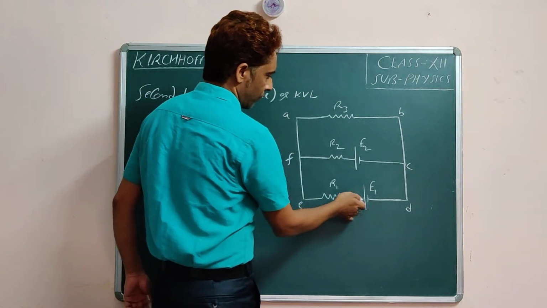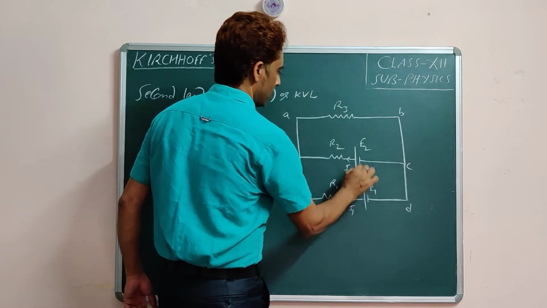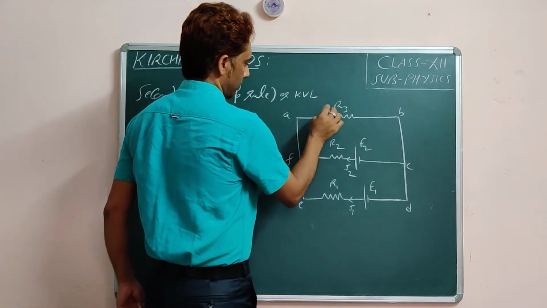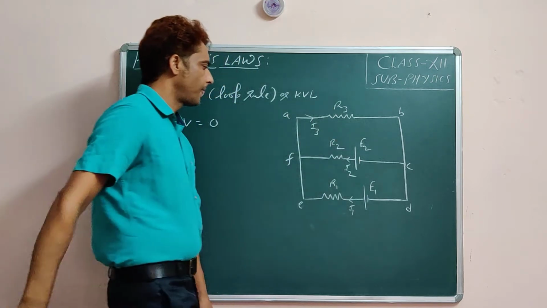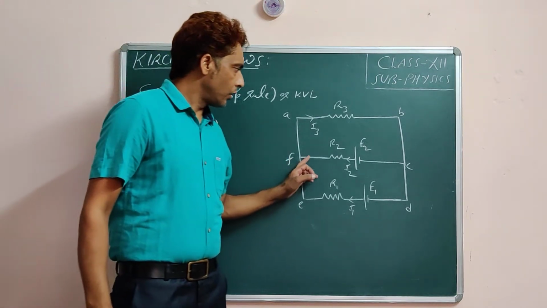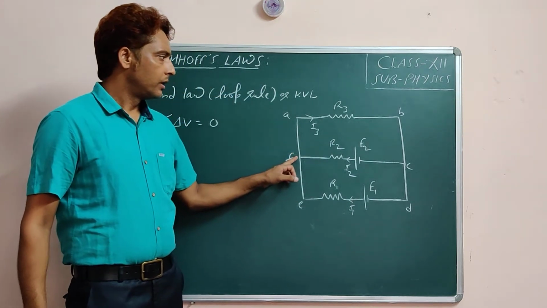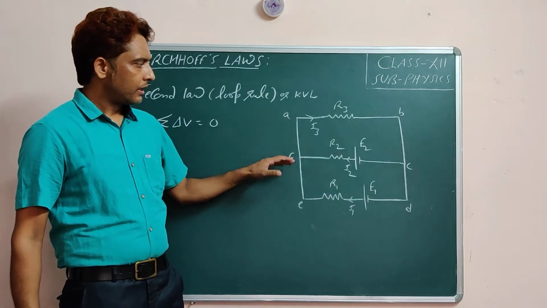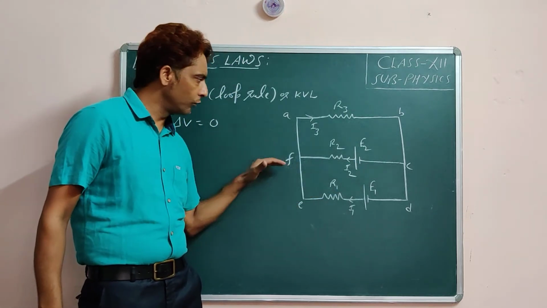Let the current flowing through this branch be I1, here I2, and let the current flowing through this be I3. Now, during traversal along a loop, for example, if I start from point F, for loop F, C, D, E, F, then when I move across this loop, the direction of current is toward this side, but I am moving toward this side.